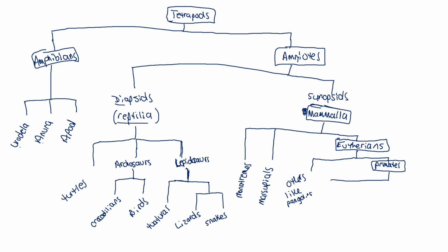All right, so the first primates are going to be the lemurs, lorises, and bush babies. And then we have another group, which would be the tarsiers.